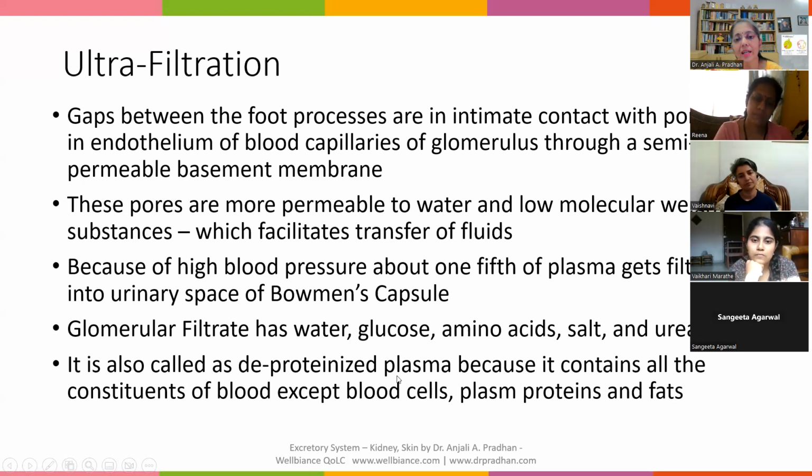They are larger molecular substances, so they cannot pass through this semi-permeable membrane. That is why urine color is not red, because blood cells do not get filtered.